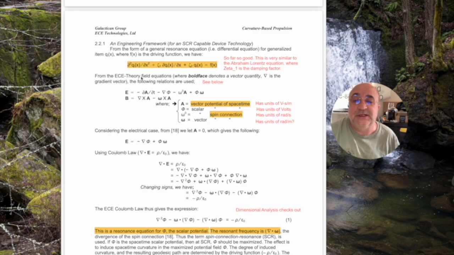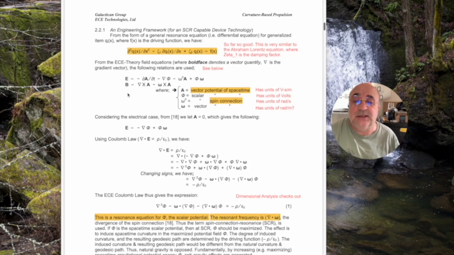So he says, from ECE Theory field equations, where boldface denotes a vector quantity, del is the gradient vector, the following relations are used. Now, see below, I mean down here. I'll get to that in a minute. He says E, which is undefined.